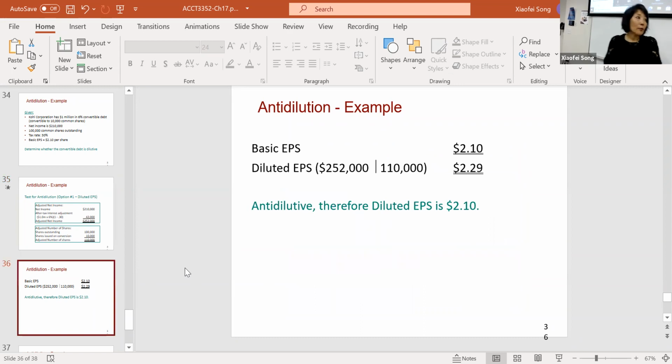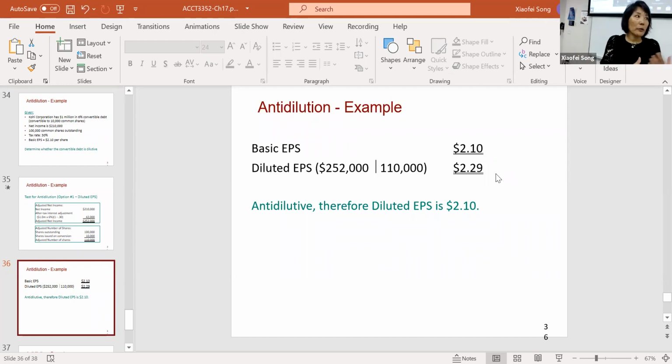If you do the calculation, basic earnings per share is $2.10, based on $210,000 earnings available divided by 100,000 shares outstanding. Diluted earnings per share, based on adjusted earnings available to common of $252,000 and adjusted shares outstanding of 110,000, is $2.29. So that means this convertible debt is anti-dilutive.